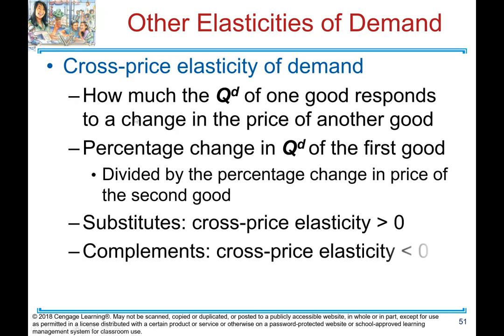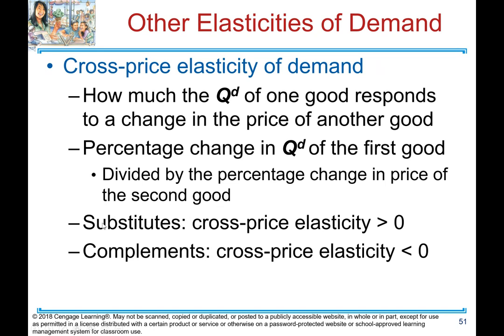For cross price elasticity of demand, how much quantity demanded of one good responds to a change in the price of another good. The formula for calculating cross price elasticity of demand is percentage change in quantity demanded of the first good divided by percentage change in the price of the second good.